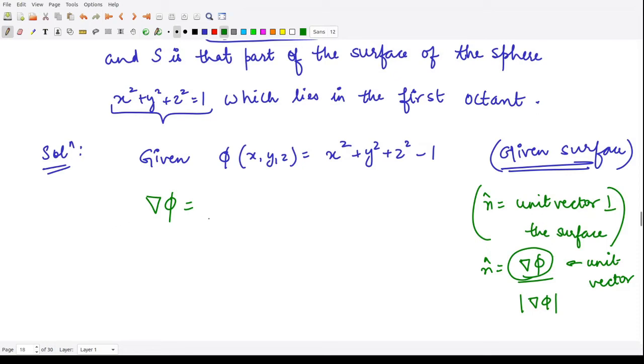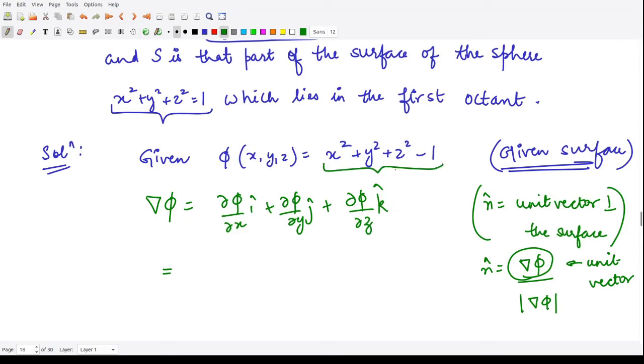So the gradient phi is del phi by del x i cap plus del phi by del y j cap plus del phi by del z k cap. Accordingly, when you take its derivative partially with respect to x, it would be 2x i cap. With respect to y, we have 2y j cap plus 2z k cap. So this is our gradient of phi.